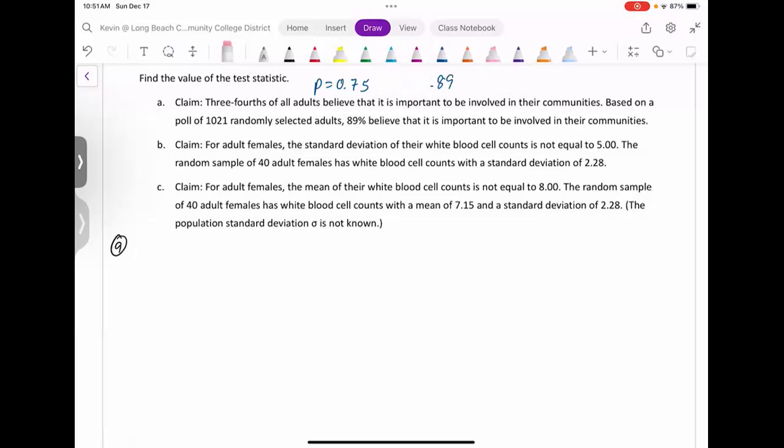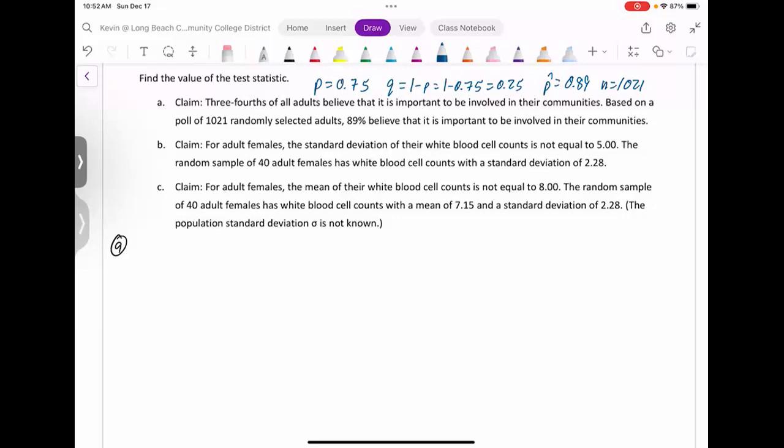And by the way, just so we can see, q is the complement of p, because that'll be part of our formula here. Once again, p hat is 0.89, and n is 1,021.